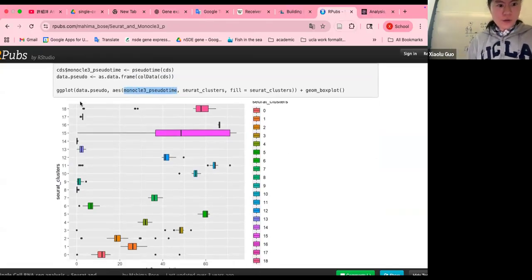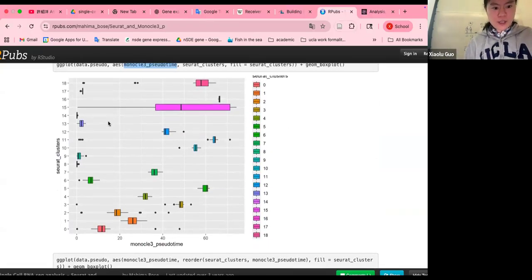And after you get it, you can plot it, and here shows different clusters. And this shows for each cluster, we have different cells, and each cell has a pseudo time assigned to it. And then we can plot for each cluster what their pseudo time value distribution is.